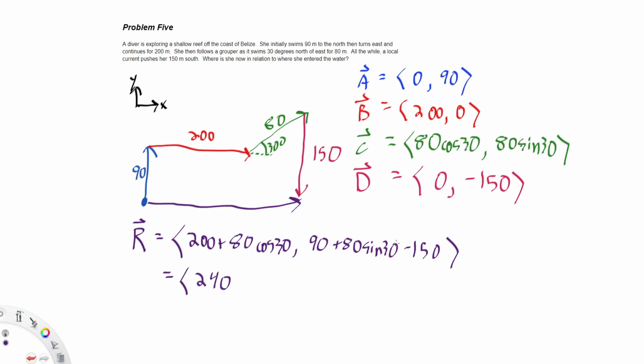Sine of 30, sorry, strike that, reverse it. Cosine of 30 is square root of 3 over 2. So our x part is going to be approximately 270-ish.